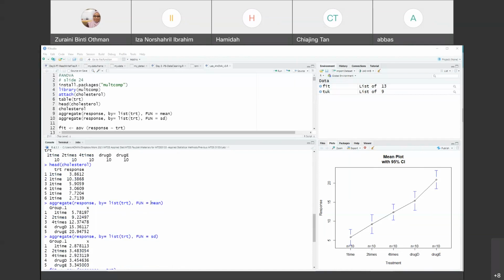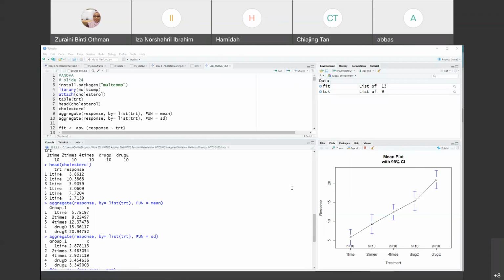Okay, by looking at the mean for the response, we can conclude that drug E produce the greatest cholesterol reduction, whereas one time produce the least. Okay, we notice here that the response for those who take it one time is the least, in terms of mean.